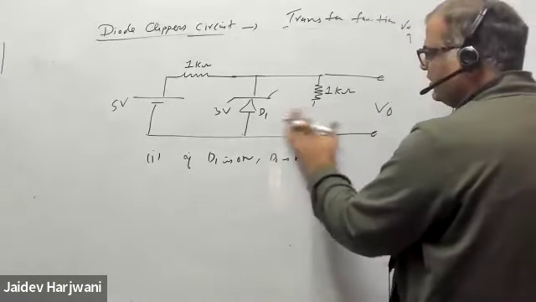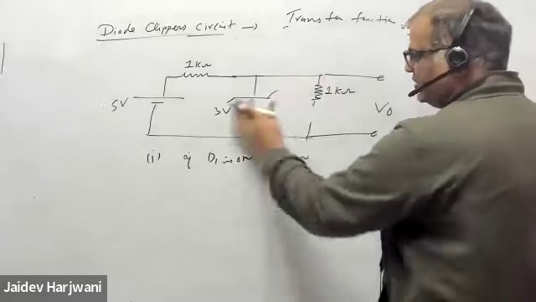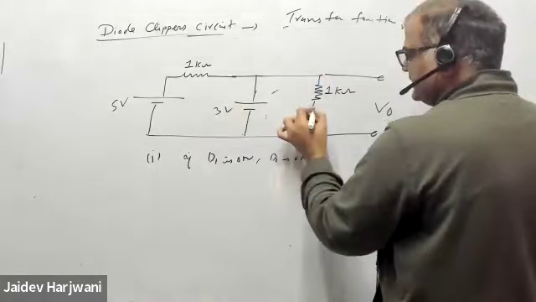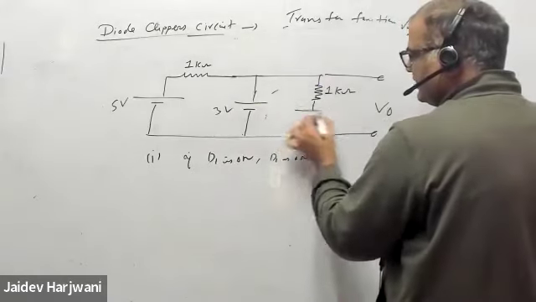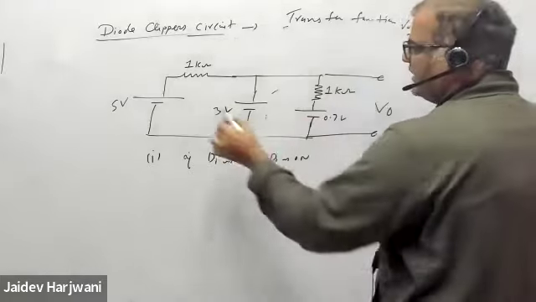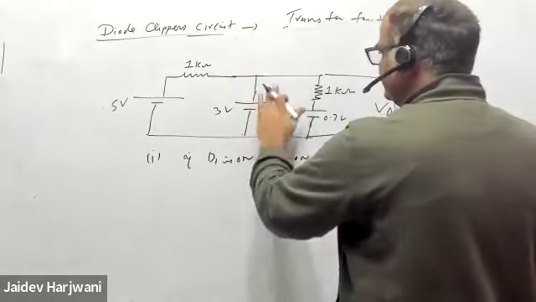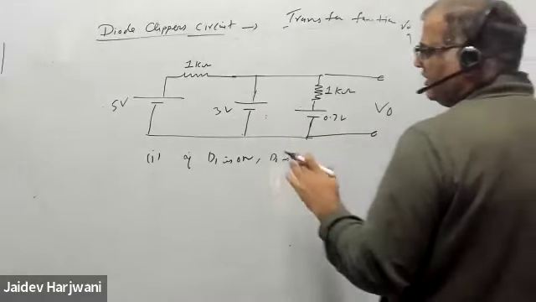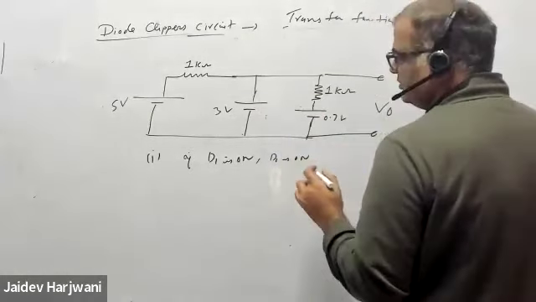So if D2 is on, this becomes a 3 volt battery, and this is also on, so this becomes a 0.7 volt battery. Now let us apply this: the 3 volt will be divided here and here. Now let us see whether it is possible or not.